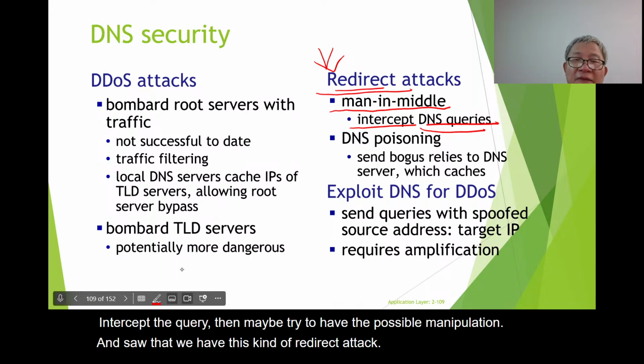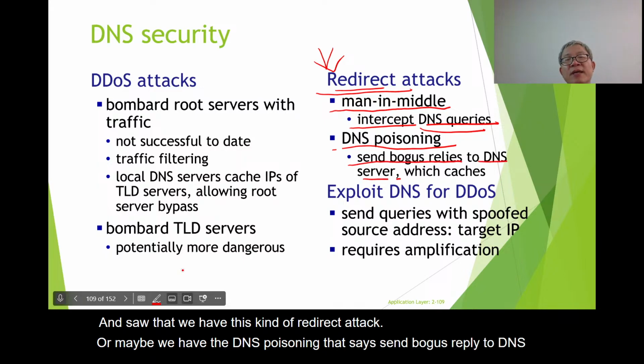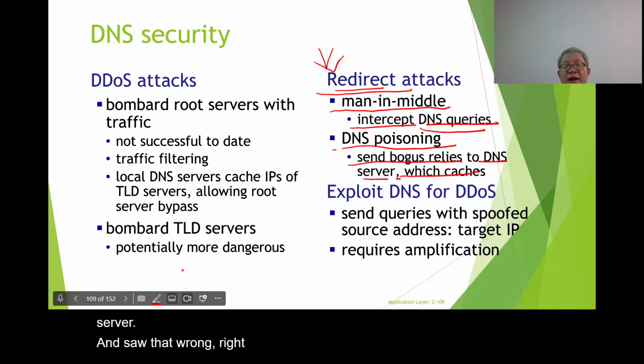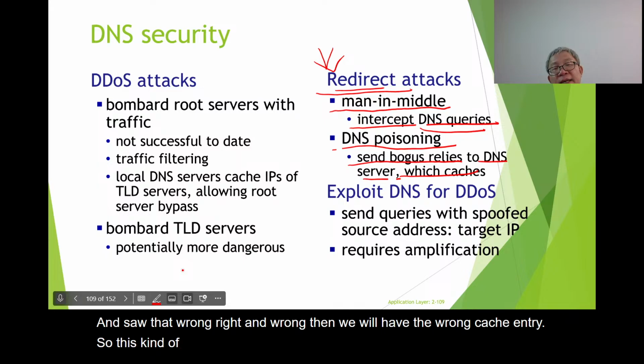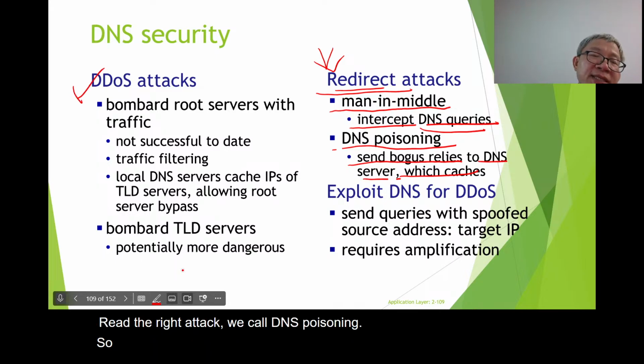Or maybe we have DNS poisoning, that says send bogus reply to DNS server. And so that it is wrong, then we will have the wrong cache entry. So this kind of redirect attack we call DNS poisoning. So we have a DoS attack. We have a redirect attack.